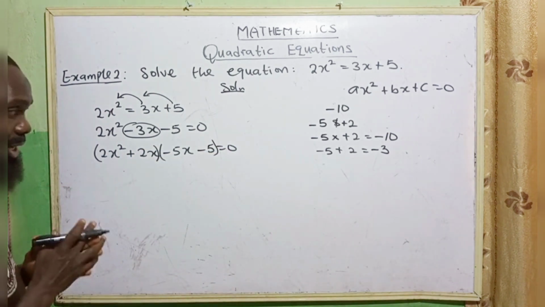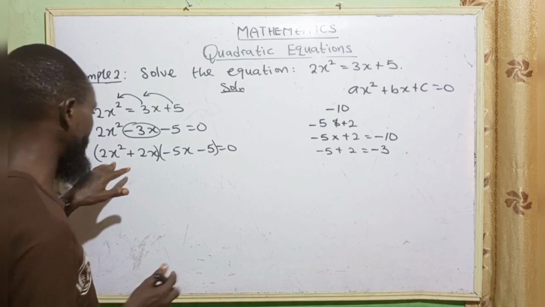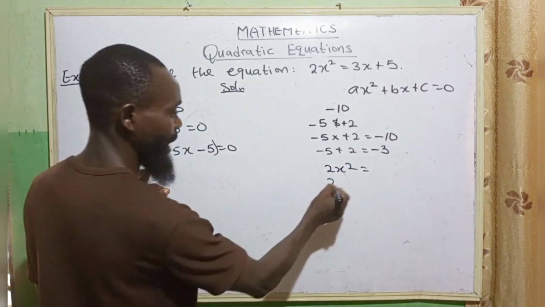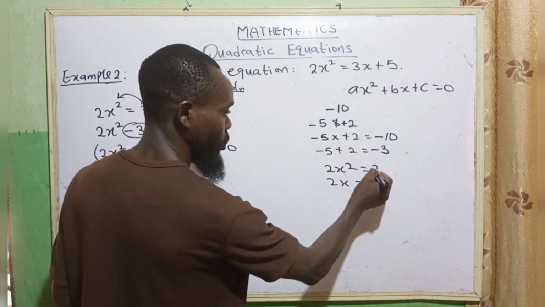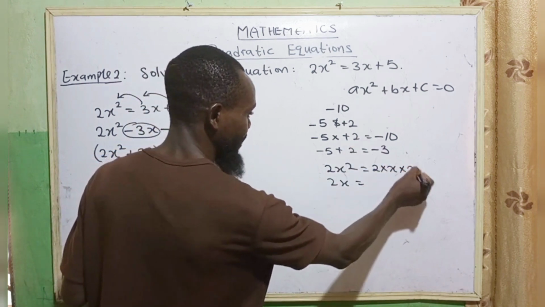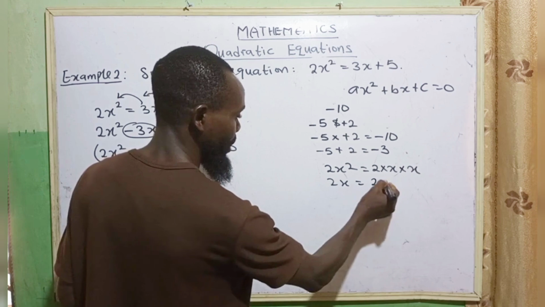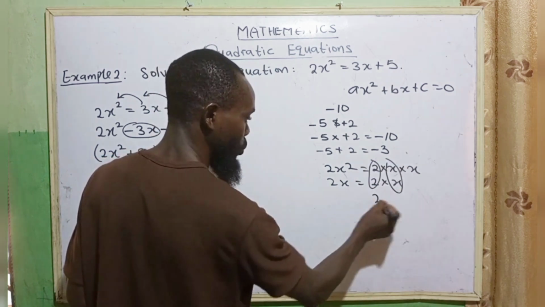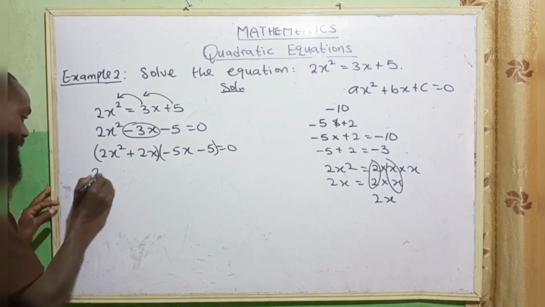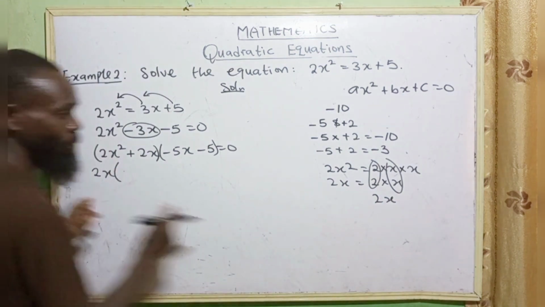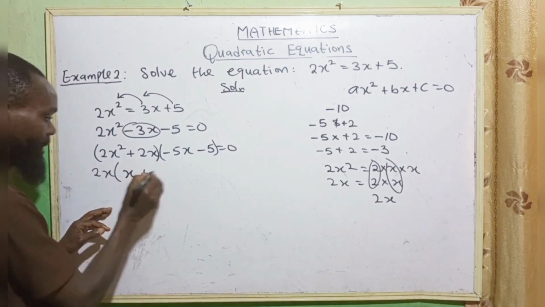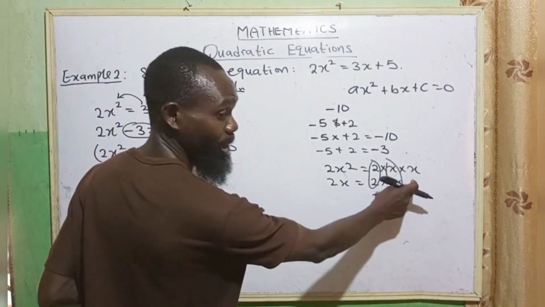According to what we did the other time, to know the common factors, 2x squared, then 2x. So here we're going to have 2 times x times x. Here we have 2 times x. 2 is common, x is common. So 2x is common. Open your brackets. When you remove 2x here, we are going to be left with x plus, if you remove 2x here, there is no more value.